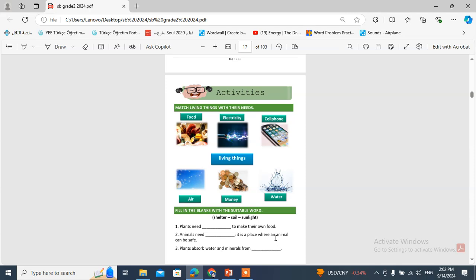It is a place where an animal can be safe. That's a shelter. So animals need shelter. 3, plants absorb. That means take in. Plants absorb water and minerals from soil.